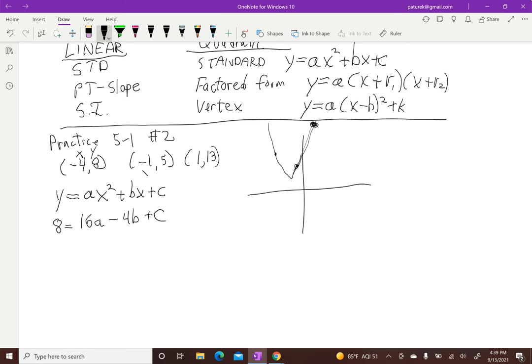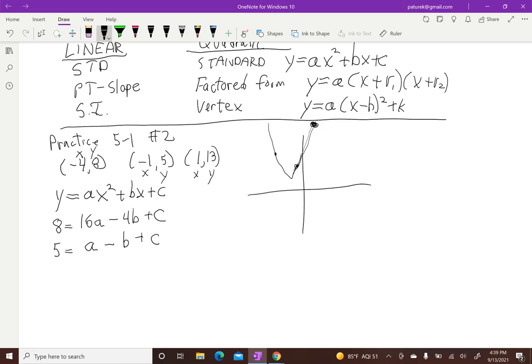Second time, I'm going to plug in -1 for x and 5 for y. 5 is equal to, now -1 squared is 1, so this becomes a minus b plus c.